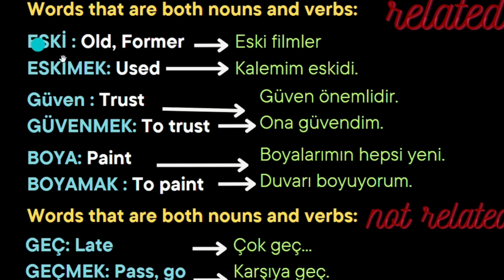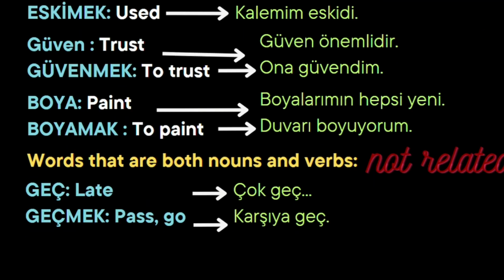And there are also words that are both nouns and verbs but not related. For example, eski and eskimek is related. Or güven and güvenmek is related. But geç and geçmek isn't related. Let's take a look at this. Example, geç means late. For example, çok geç. It's too late.